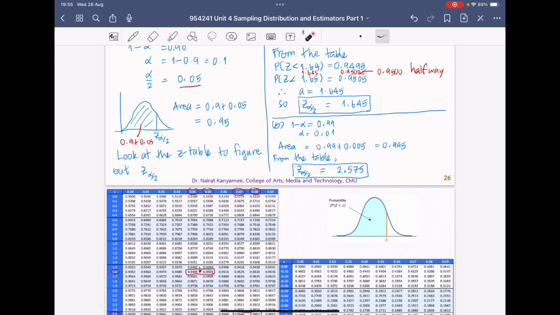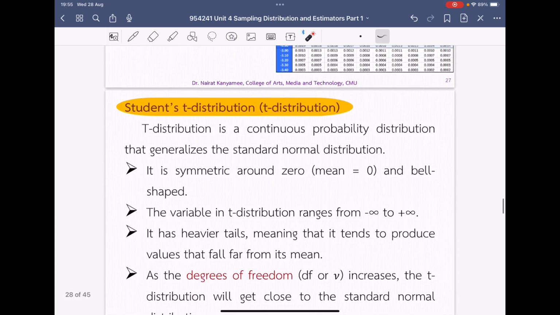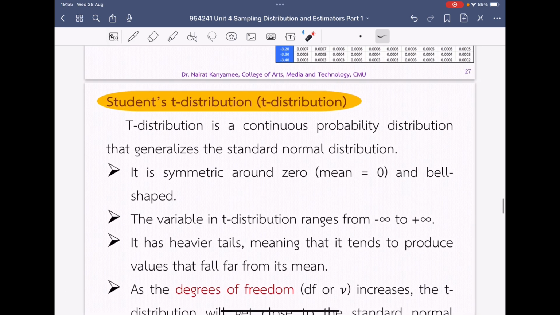A new distribution, which is required in order to find an interval estimation too. Another distribution is called the t distribution, or student distribution.